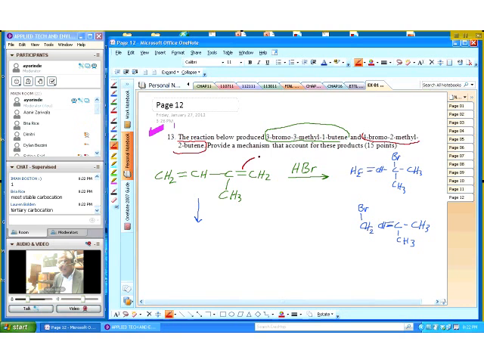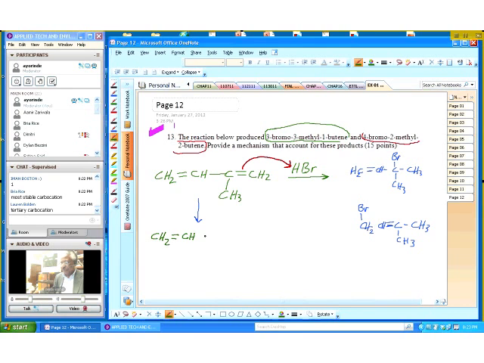Anytime you are going to form a carbocation, if you have a choice of formation, always the most stable carbocation will be formed before anything else. So we are going to get this intermediate.